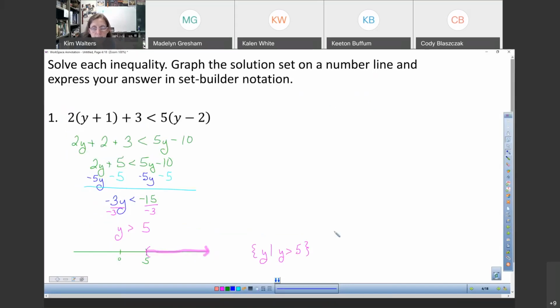Go backwards one slide, and on the first one, I divided both sides by -3, and that's what turned my inequality around. Does that make sense?